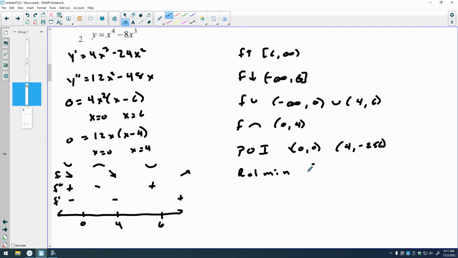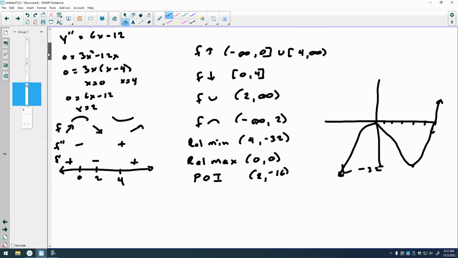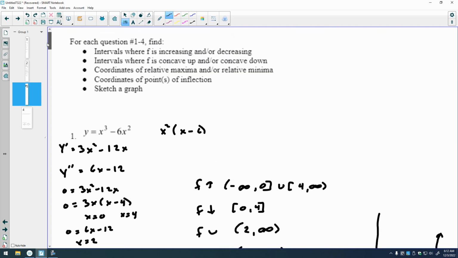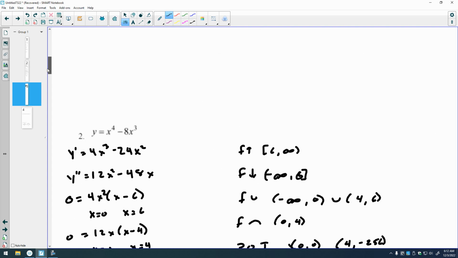So my relative min will be 6, comma, negative 432. Relative max: I need to go from increasing to decreasing. Doesn't happen. There is no relative max. Did I get them all? Relative min, relative max, point of inflection, concave up, concave down.